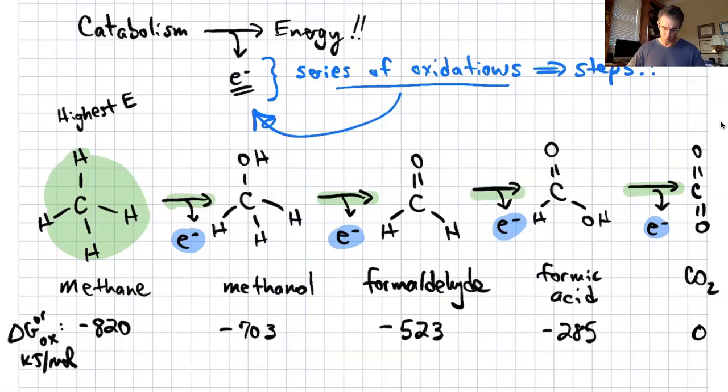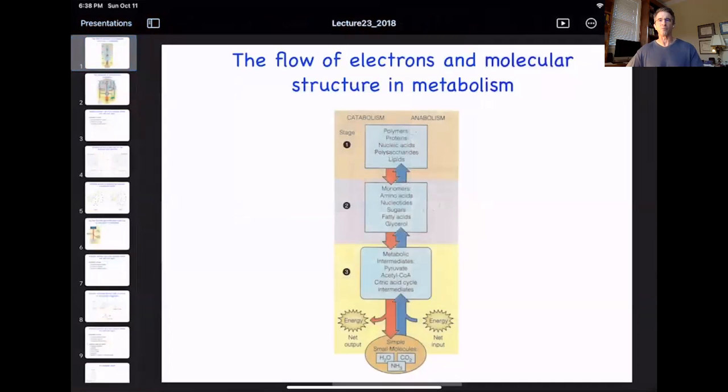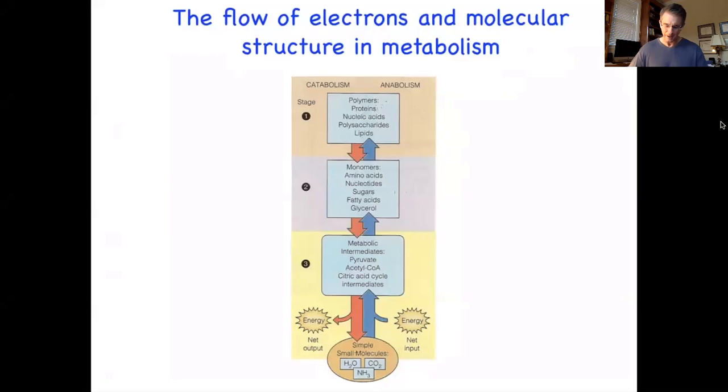Now, switching to a real set of reactions, this is what it's really going to look like. Go back to that scheme I showed you before, right? We have catabolism and anabolism. We're going to come down this way from these large polymers we can break down, like nucleic acids, polysaccharides, lipids, right?